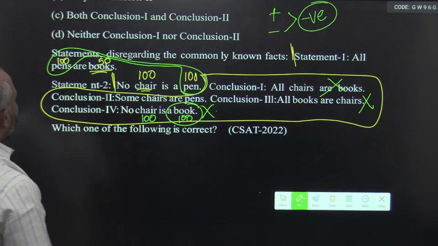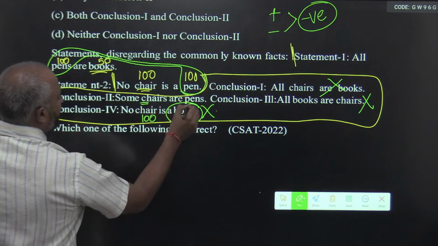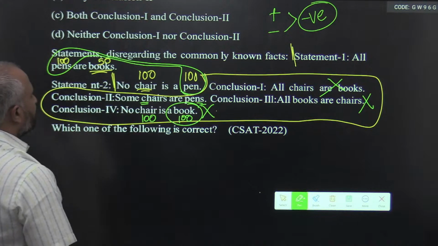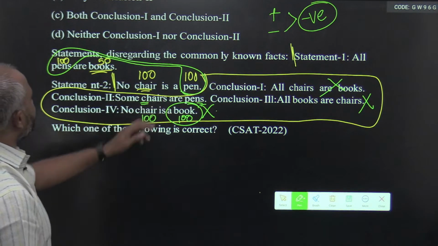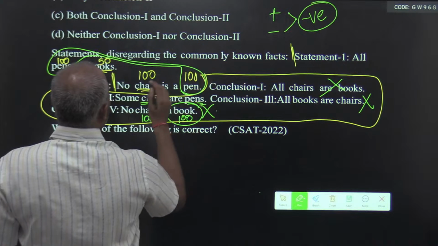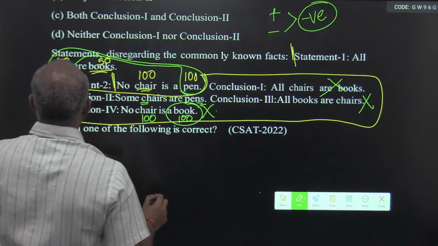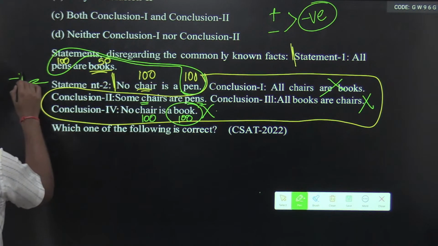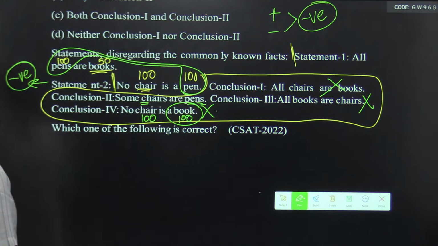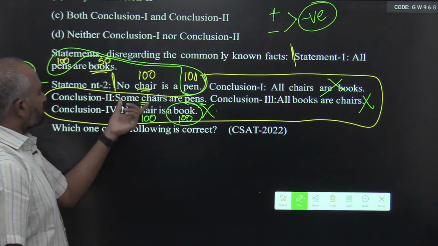Next, conclusion 2 is between chair and pen. So where are chair and pen located? Chair and pen are located in statement 2. And what is statement 2? Statement 2 is a negative statement. So can you draw a positive conclusion?